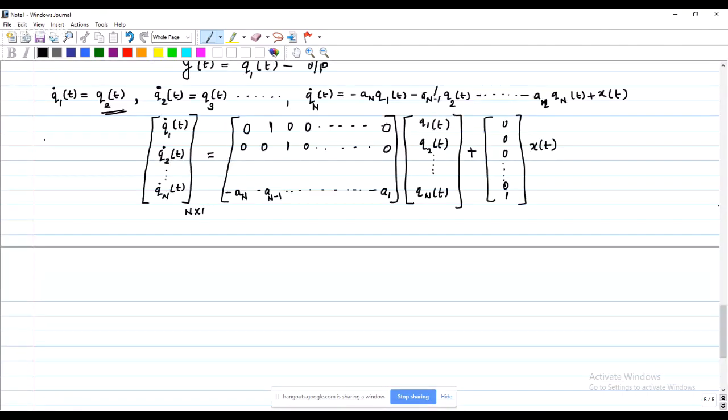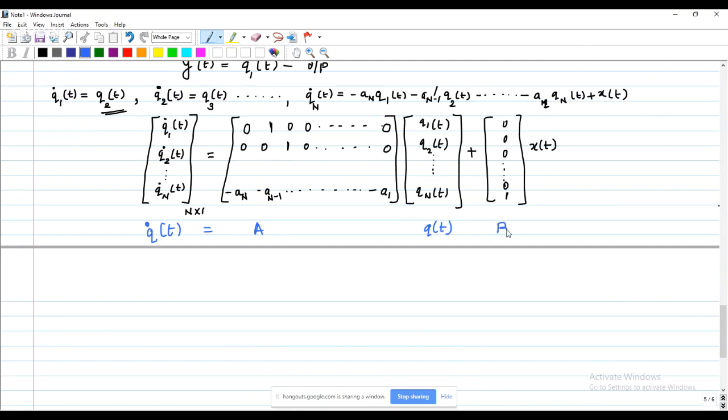Now, what are those? Let us name them. I call this matrix q dot t matrix. I call this matrix A matrix. I call this matrix q of t matrix.